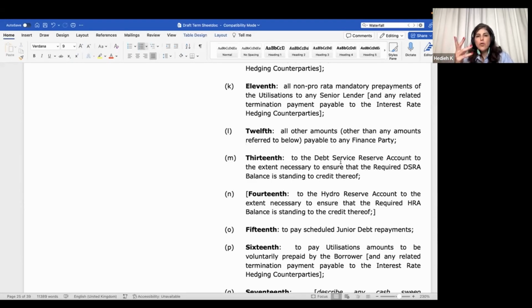And if you're also backing it up with a letter of credit, an LC, then the fee related to that LC is also ranked lower than the debt service. But these are topics that I will discuss later; they are still subject to negotiation. For example, this LC fee for the DSRA, I have seen in some projects actually included in the OPEX, but in some projects it was subordinated and ranked even below debt service.